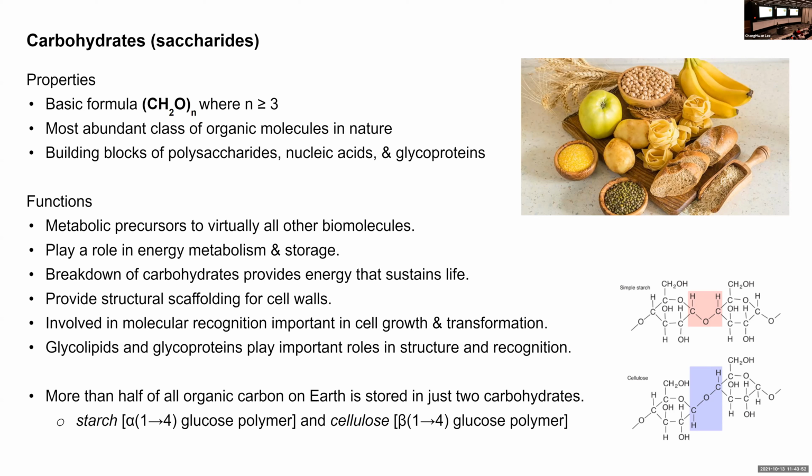So these carbohydrates, especially the smaller ones, can be building blocks for polysaccharides, as well as nucleic acids and glycoproteins. And glycoproteins are proteins, polypeptides conjugated to these little sugars like glucose.